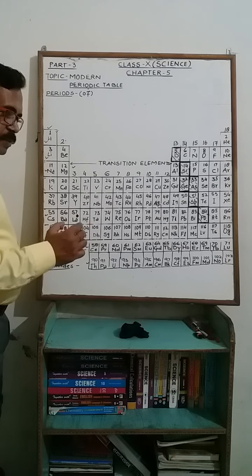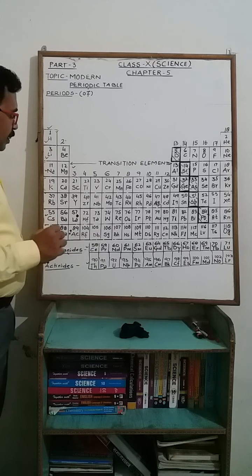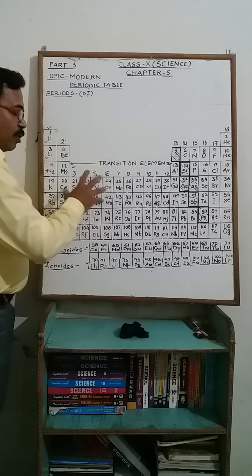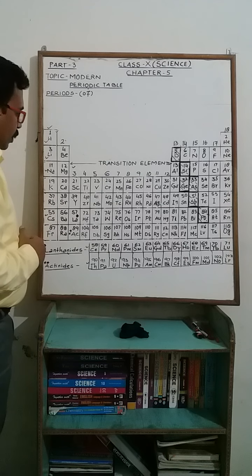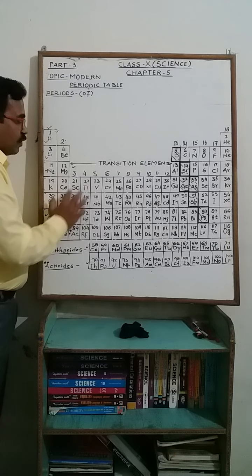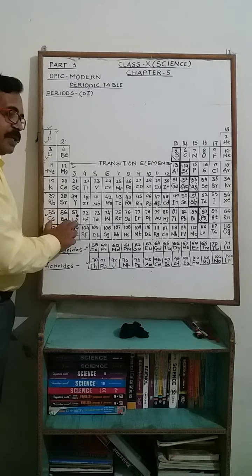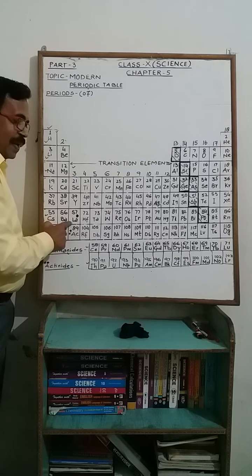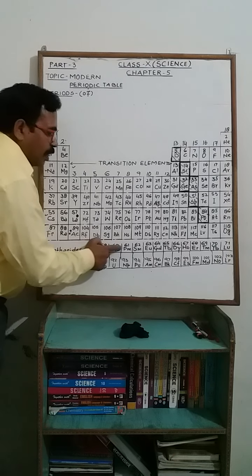If someone tried it, then the frame of this modern periodic table would be disturbed. So to avoid the lengthiness of this modern periodic table, the 14 elements which resemble lanthanum are placed separately at the bottom.